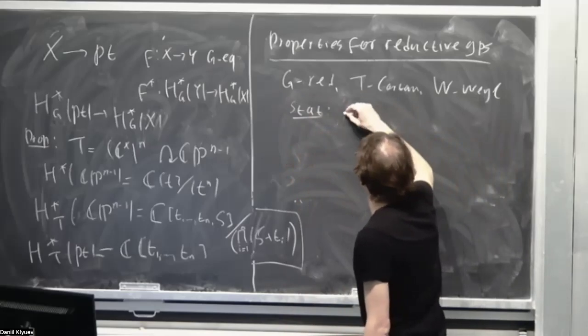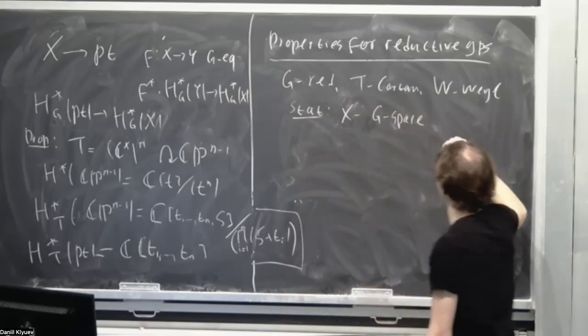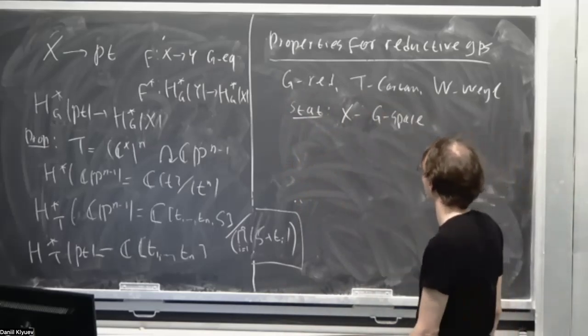So if X is a G-space, so if G acts on X, then T also acts on X naturally.